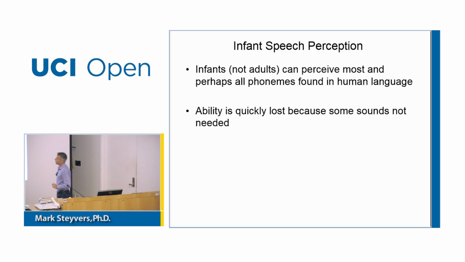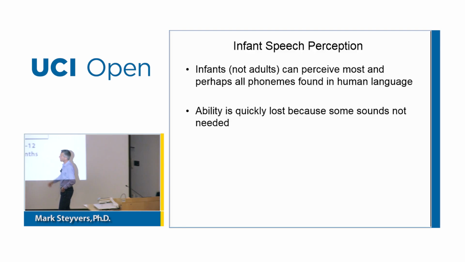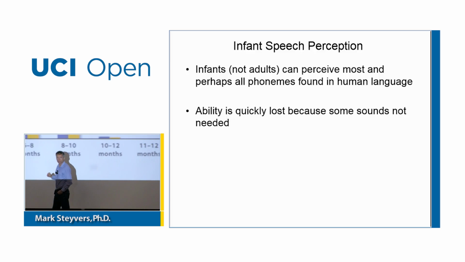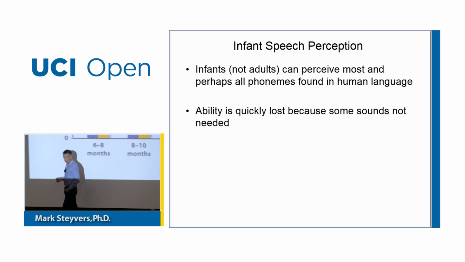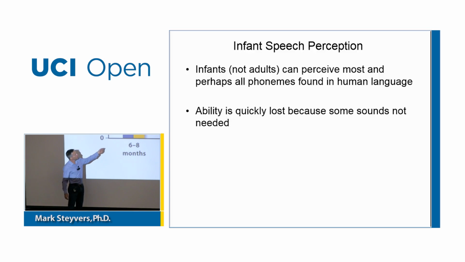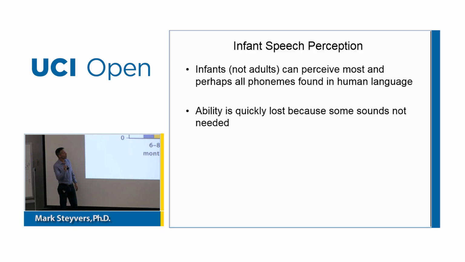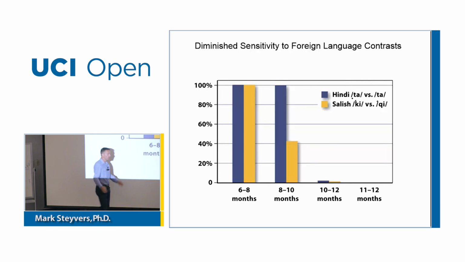So the book shows this very nice result. Infants of 6 to 8 months old, so before they start to speak, can actually distinguish between these Hindi and Salish contrasts. You do this in a habituation paradigm where you play one of the sounds. The infant gets bored, starts to look away, and then you play the other sound, and if they start paying attention again, then they clearly can distinguish between those two sounds.